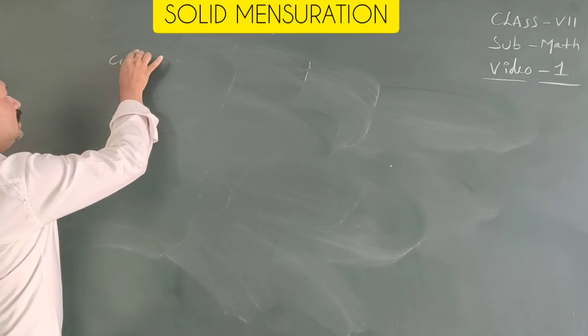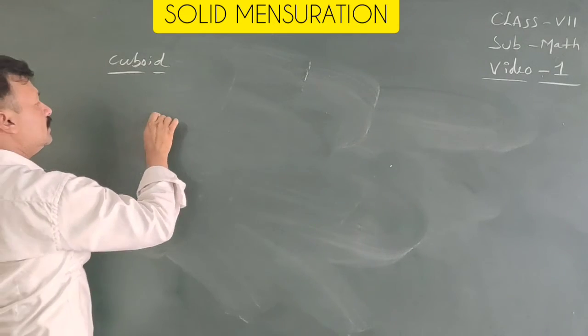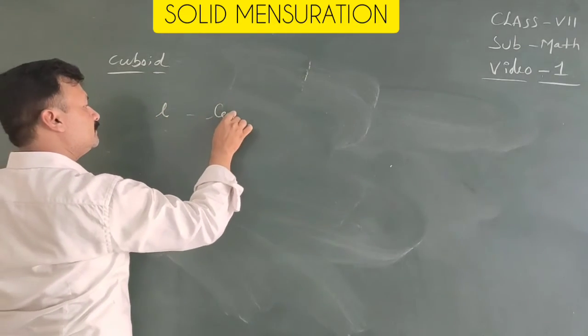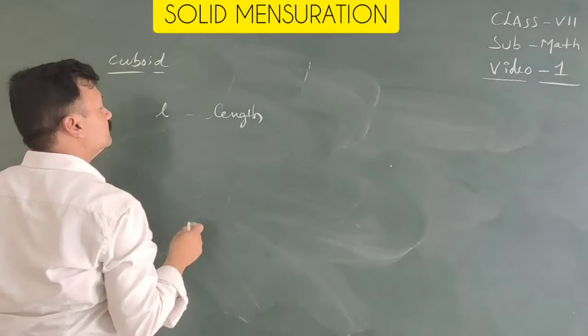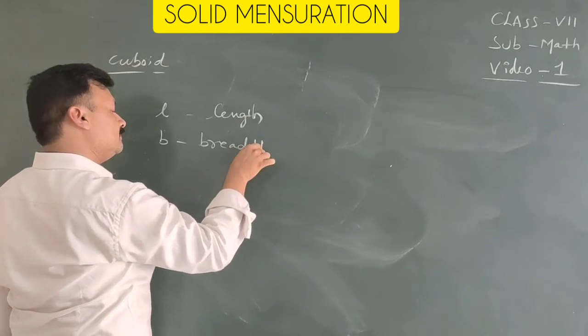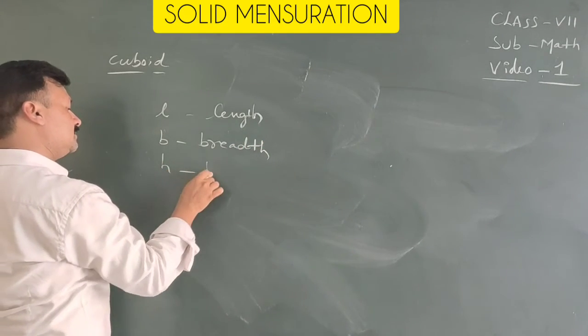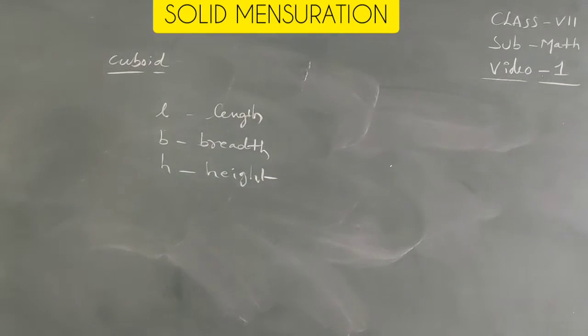In a cuboid, we have length, breadth, and height. For a cuboid, we have length, breadth, and height.